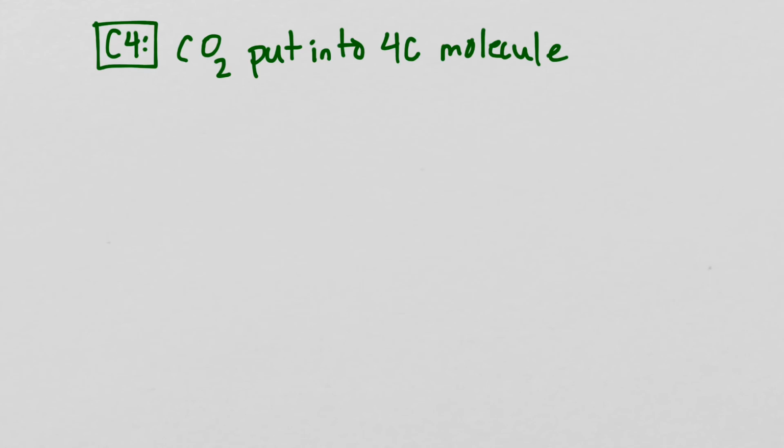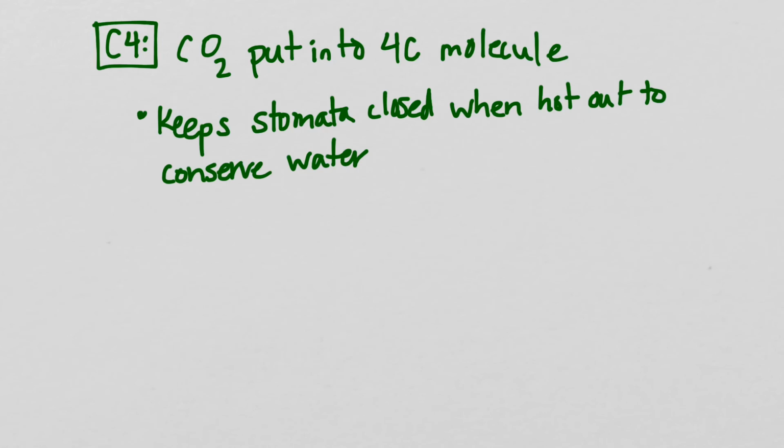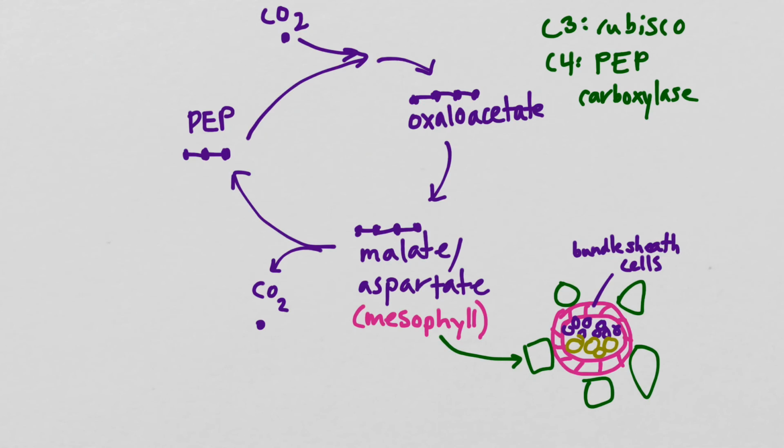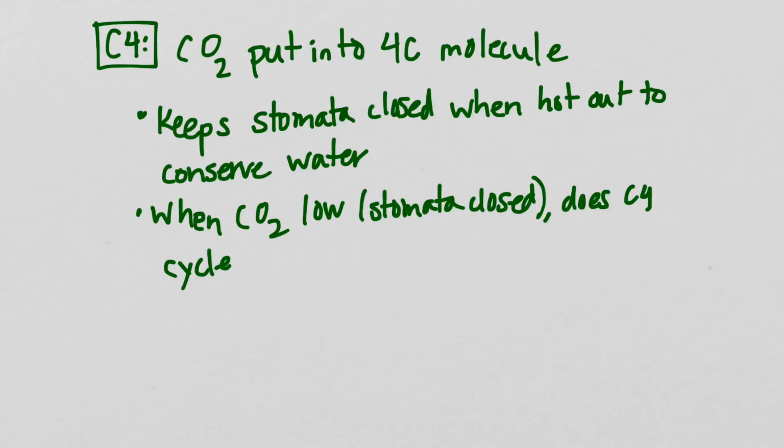C4 plants, as you've learned, are going to keep their stomata closed when it's hot out so that they can conserve water. But even when carbon dioxide is low and the stomata is closed, it can still do this process that we have shown here. And the 4-carbon molecule is going to act as sort of a carbon shuttle. It'll donate the carbon dioxide to the Calvin cycle.